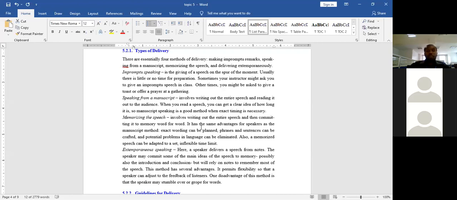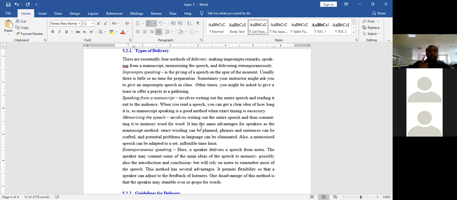So manuscript speaking is a good method when exact timing is necessary. Let's say, for example, you are to talk to a gathering. The number one advantage of a manuscript is that it tells you what to read, so that speech will take the time that you had intended it to take.